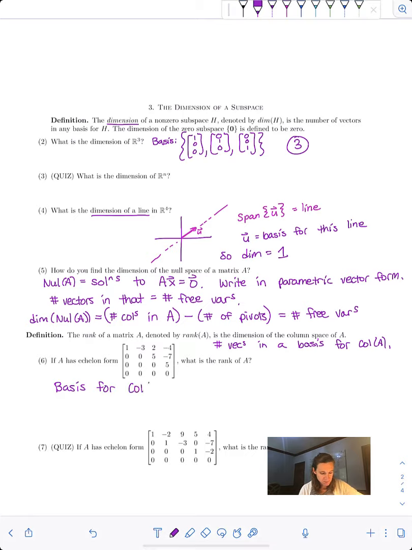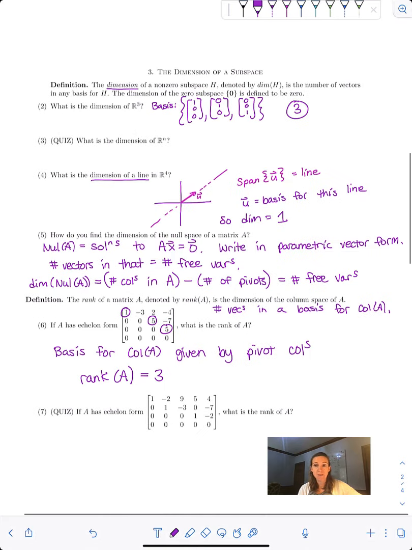So all we need to do is count the number of pivots. In this case, the rank of A equals 3 because we have 3 pivot positions. And I'll let you try the quiz, the rank of this other matrix.